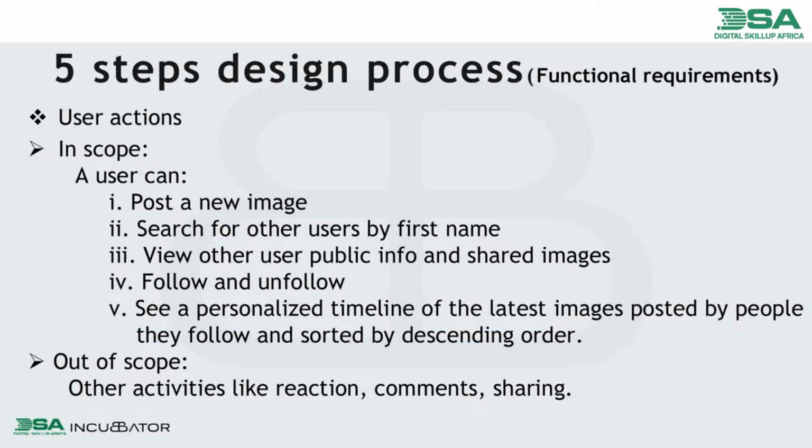Once they find that user, they can see their public information and look at their shared images. These are the functional requirements that we need the app to do. Then we have the follow and unfollow functionality, which means that a user can follow as many users as they want, and they can also unfollow them anytime.